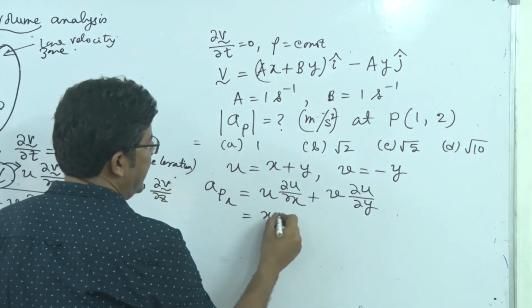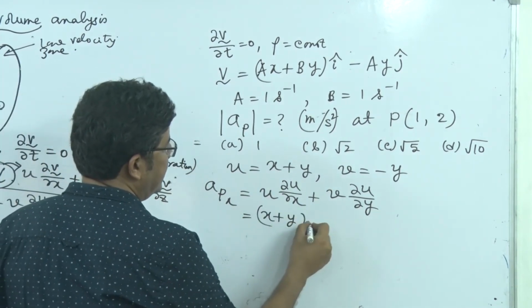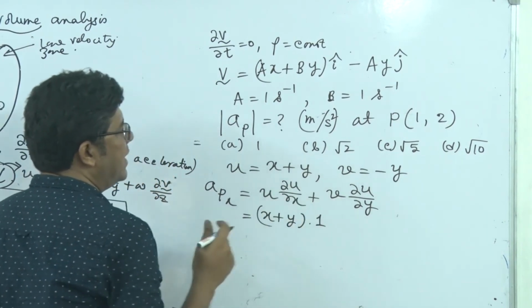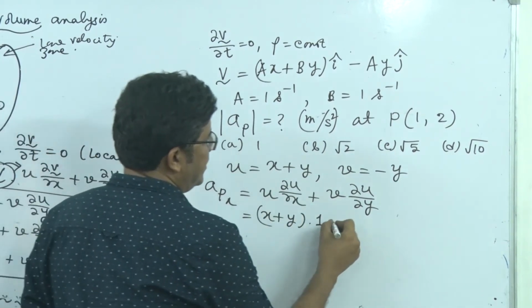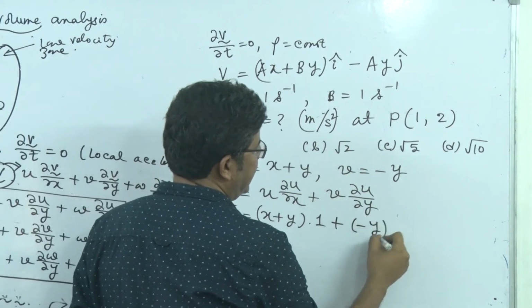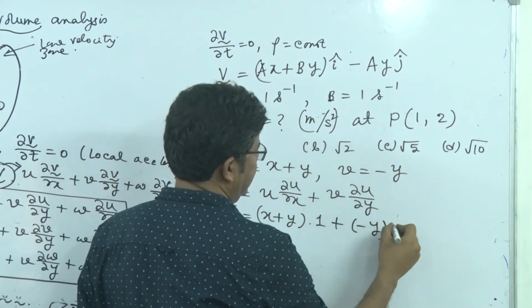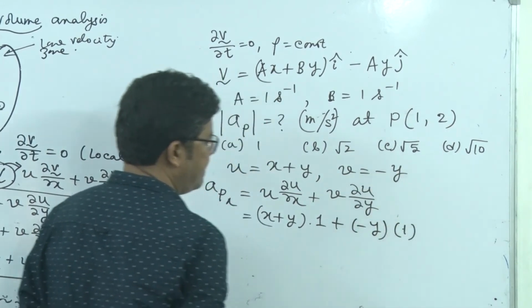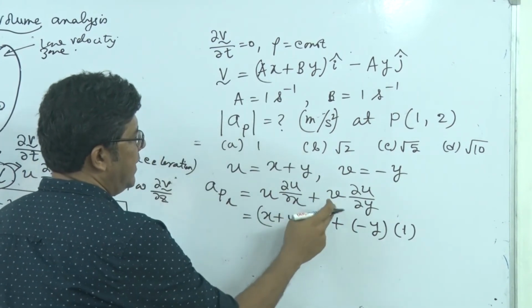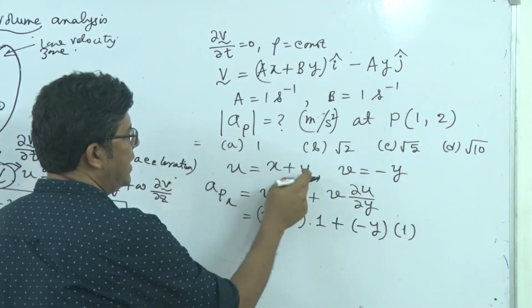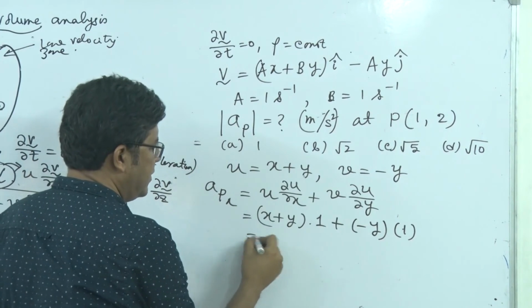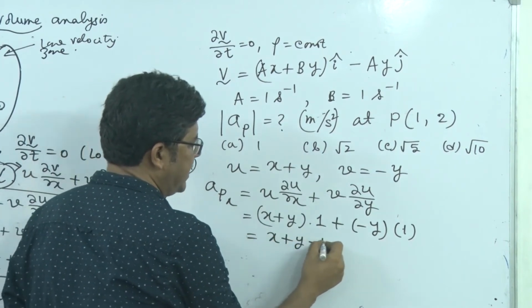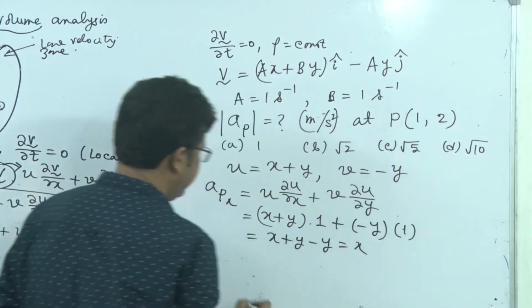So this is X plus Y into 1, because del U del X is 1. Next plus minus Y into del U del Y, that's also 1. So it is X plus Y minus Y, that is X.